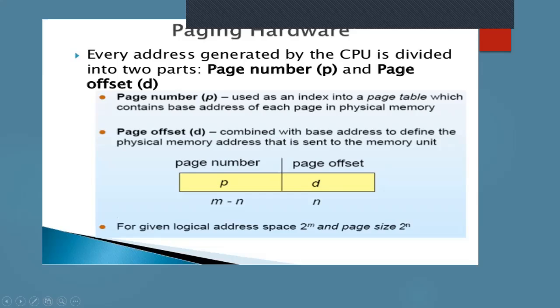Page offset is combined with base address to define the physical memory address that is sent to the memory unit. For a given logical address space of 2 to the power m and page size of 2 to the power n.